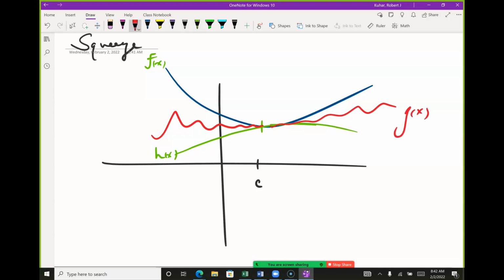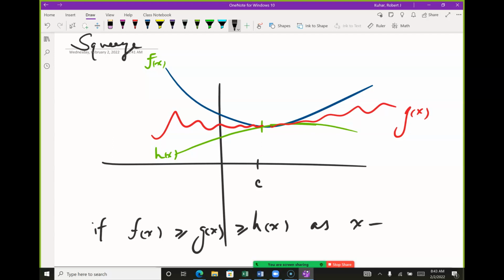At that point I'm interested in, I'm crushing down to a single height. Do you see it in the picture? You see the blue going to that height, but above everything else. The green going to that height, but below everything else. And the red, who cares what it's doing in between, as long as it's staying in between those two functions. So it says if f of x is greater than or equal to g of x, which is greater than or equal to h of x, right?